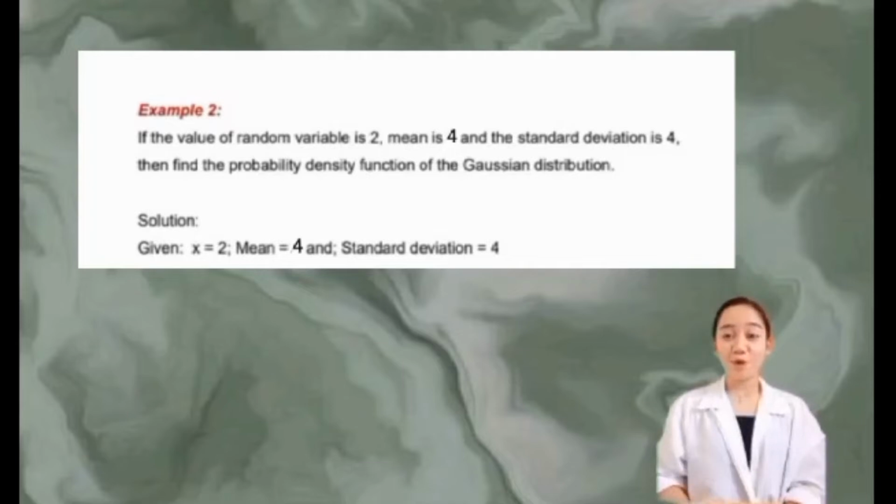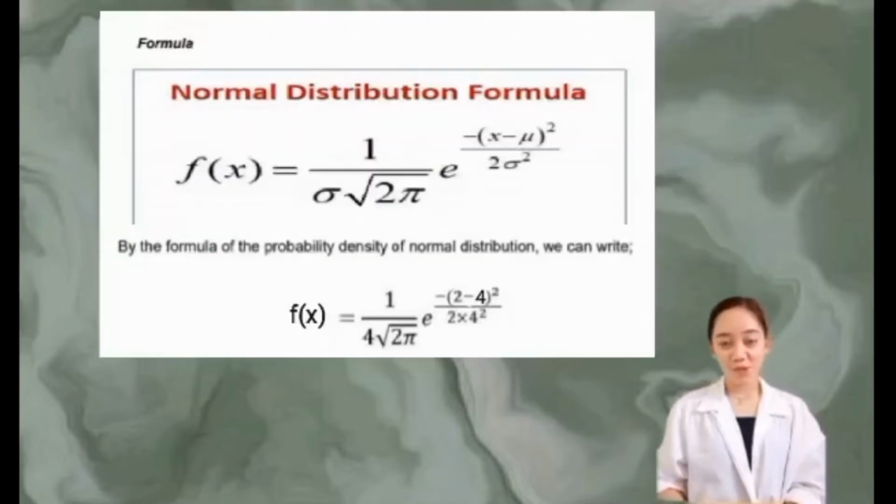Again, using the formula, we can now substitute these values. So, f of x is equal to 1 over 4 times the square root of 2 times pi times e raised to the power of negative times the quantity of 2 minus 4 squared over 2 times the quantity of 4 squared.